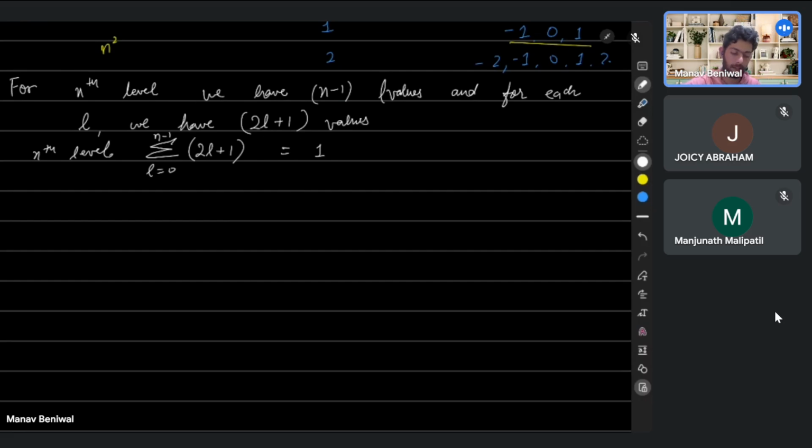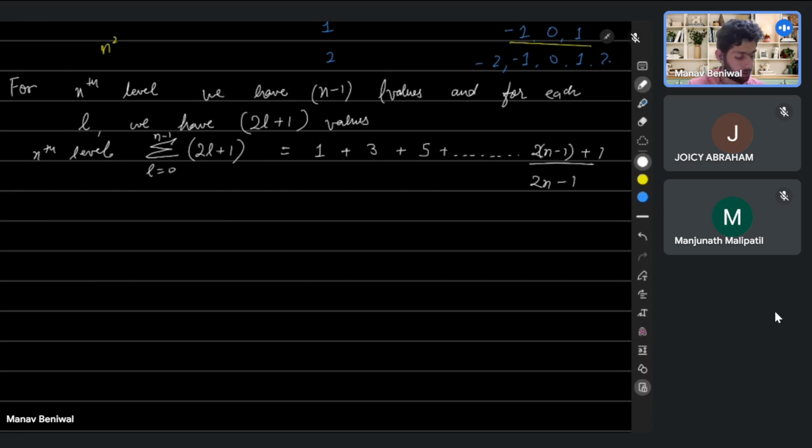When L is 1, this becomes 3, then 5, and so on, all the way up to when L is n minus 1, so 2(n minus 1) plus 1. And we can rewrite this last term as 2n minus 1, just opening the brackets.